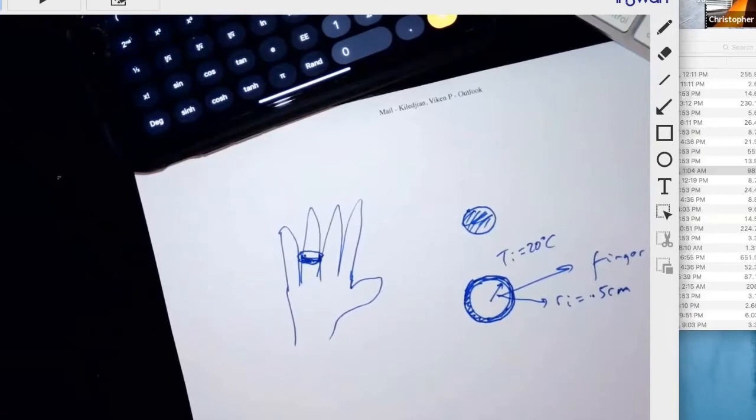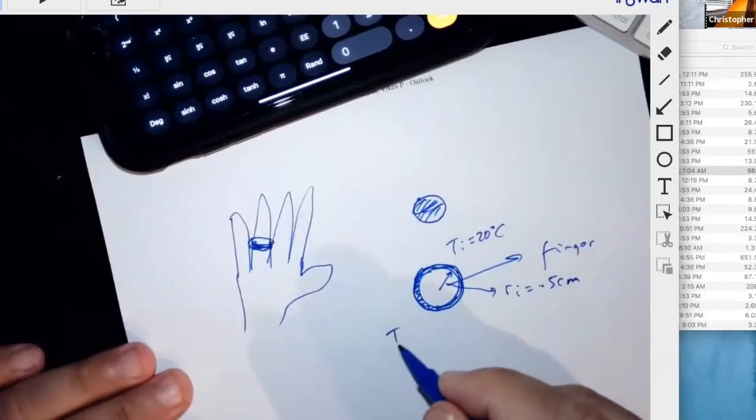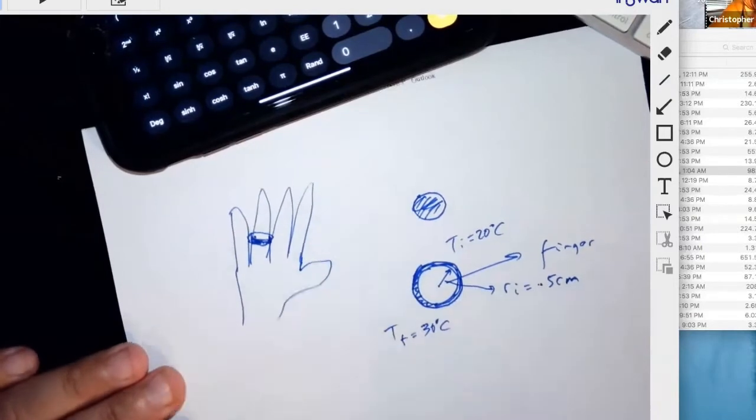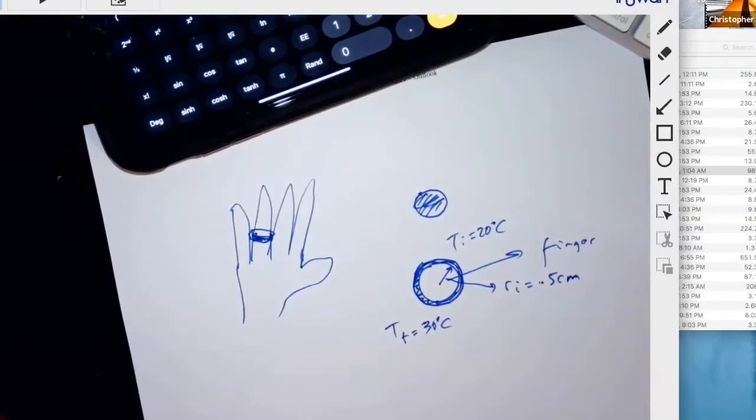So I immerse my finger and the ring in lukewarm water. So the temperature rises to 30 Celsius. So that's not enough to burn your finger, of course. So is that sufficient for the ring to slide off now?